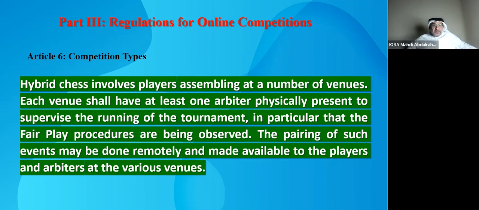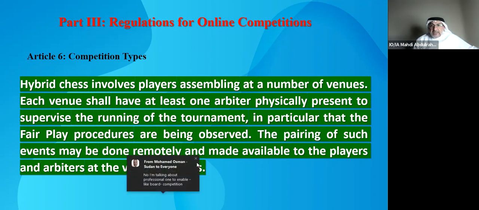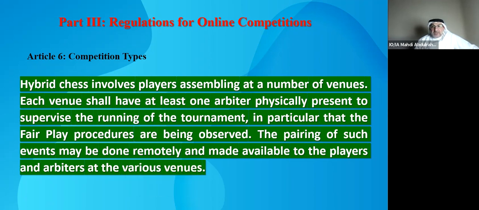Here we said hybrid chess involves players assembling at a number of venues. Each venue shall have at least one arbiter physically present to supervise the running of the tournament, in particular that fair play procedures are being observed. So he can check before entering the game, and even during the game. Players are not allowed to talk to each other.